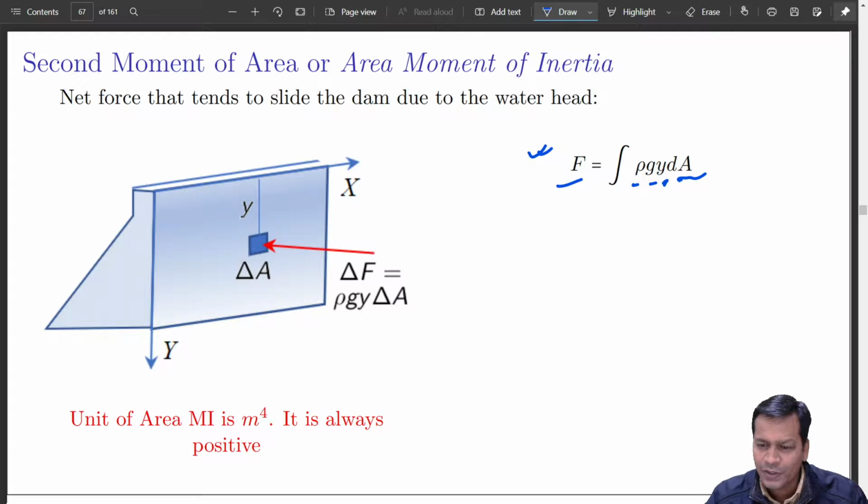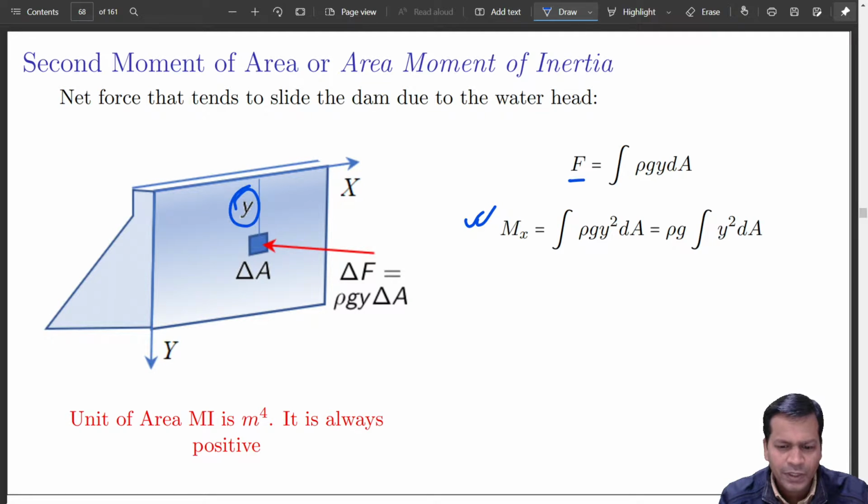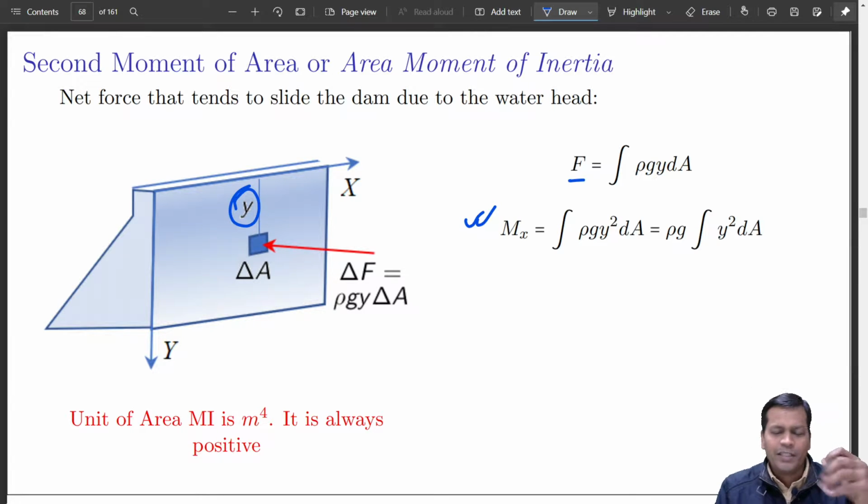This is clear. Now talking about the moment, force into the depth y is also creating a moment that is trying to topple this dam in its place about the axis.